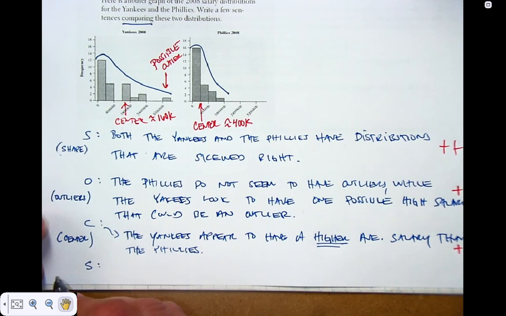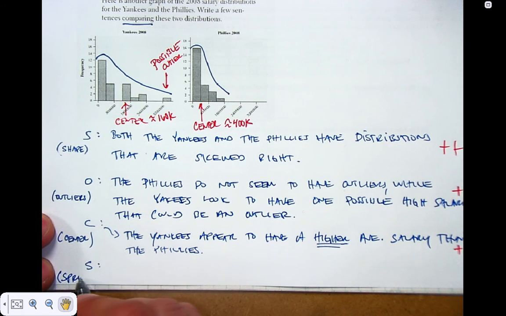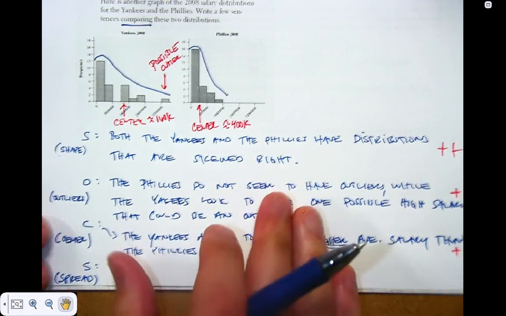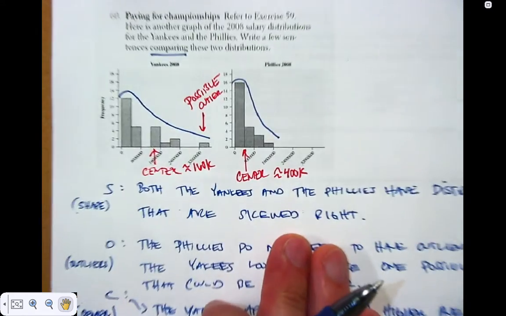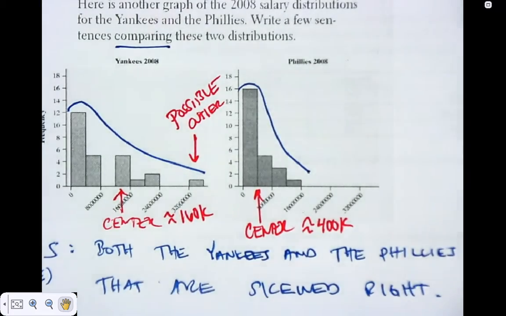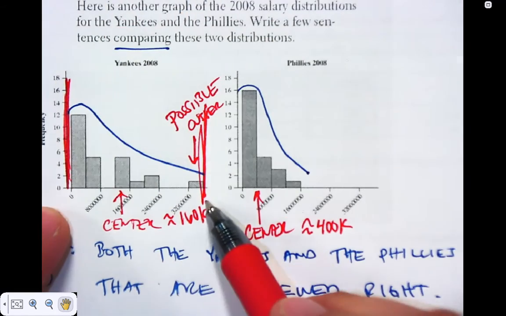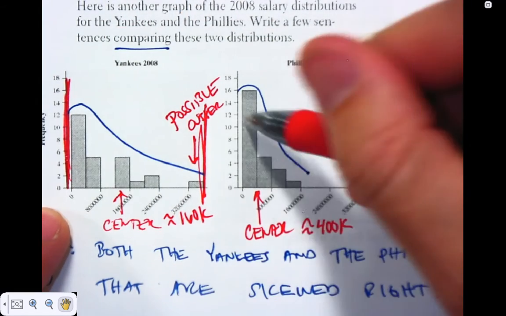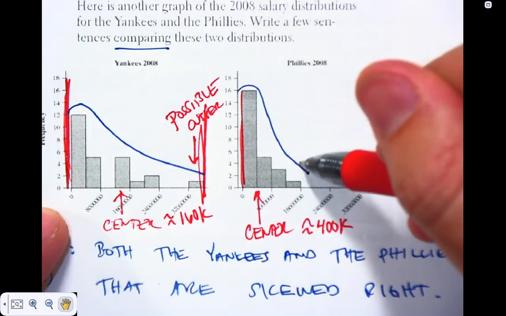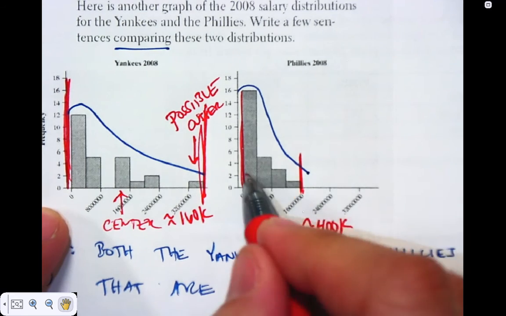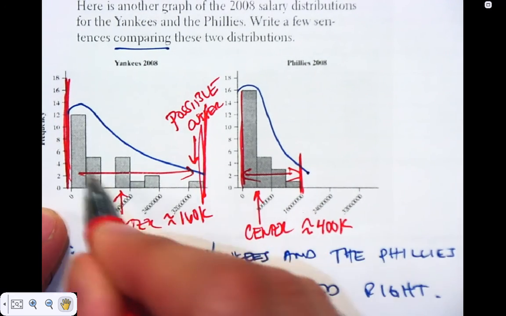All right, the last one here is spread. And I think this should be really obvious. I'll zoom in again. Spread is talking about how spread out is the data. Well, the data here seems to go from 0 up to like 4 million. The data here seems to go from 0 up to 1.6 million. And so this, right, is how spread out the data is.